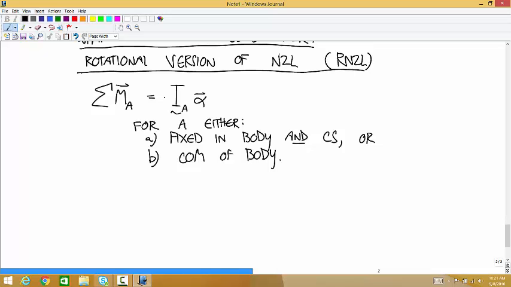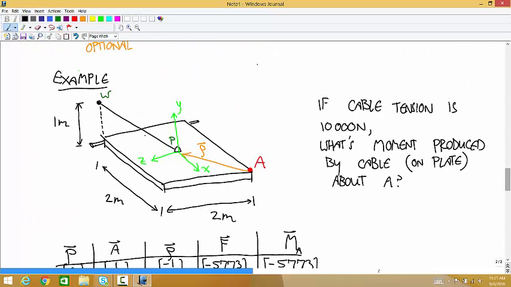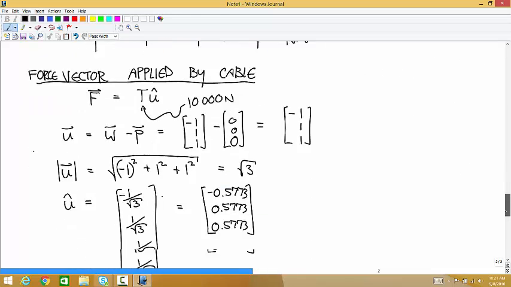What other moments about A would there be? I did this thing where we only calculated the moment due to one force, but there's also a force produced by this hinge and a force produced by this hinge. There's also a weight force, and every one of those forces produces a moment about A. And so you have to add all those up. We just did it for one.